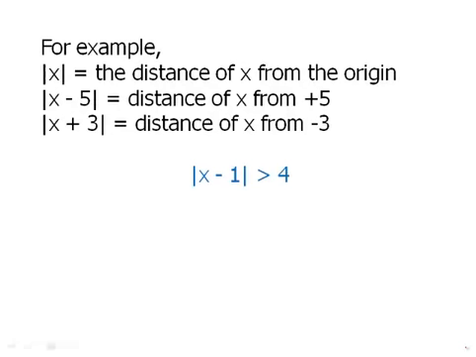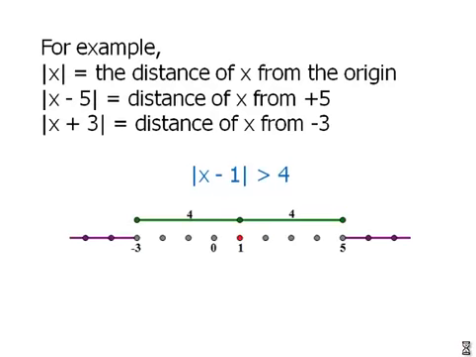So if we're given an equation like this, the absolute value of x minus 1 is greater than 4, what this is telling us is the distance between x and 1 is greater than positive 4. So we think of a number line, put 1 in the middle, then go out 4 units on either side. Starting at -3 or at positive 5, that wouldn't be allowed because that's a distance of exactly 4.